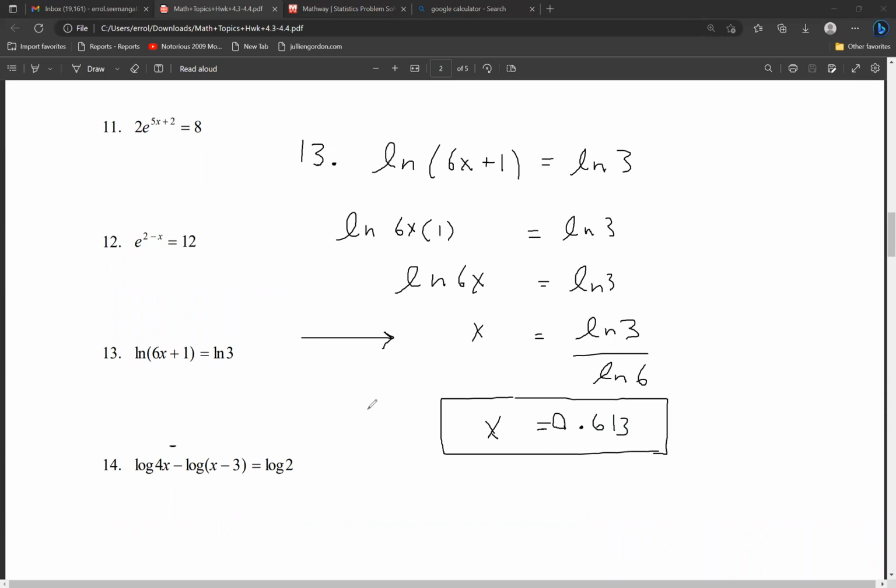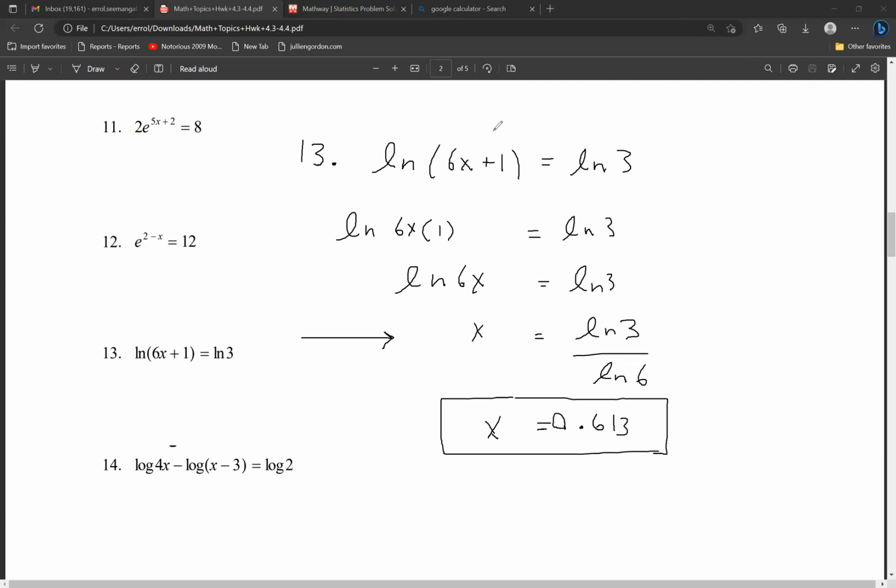For 13, that one we should. Any ideas on 13? Let me think about that one.